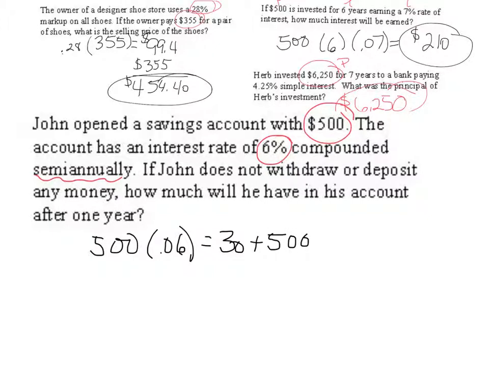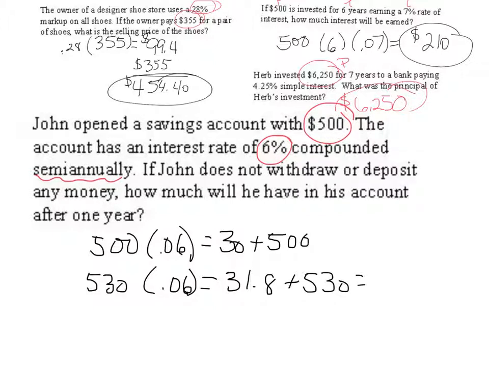So now at the beginning of the next period, he's starting off with $530, which he gets interest on his interest. So if we take 530 times the 6% again, he gets $31.80 this time, added to the 530 that he had, and he ends up with $561.80.